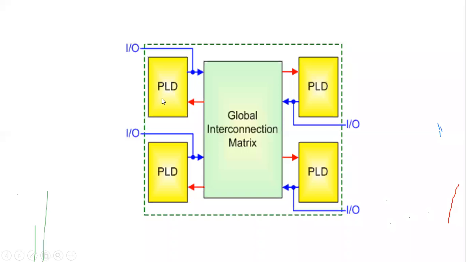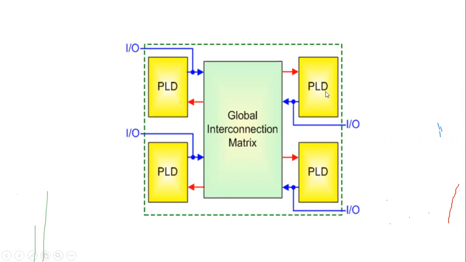So for example, if you want to implement a parallel adder, we need to connect 4 full adders, but by using the PLD we can implement one full adder only. Then this PLD acts as one full adder, this PLD acts as another full adder, this PLD acts as a third full adder, this one a fourth full adder.